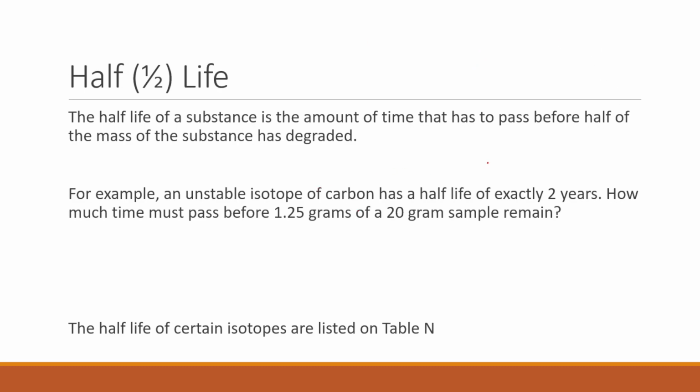An unstable isotope of carbon has a half-life of exactly 2 years. How much time must pass before 1.25 grams of a 20-gram sample remain? Sure, okay, that's definitely a question. Alright, we start with 20 grams.